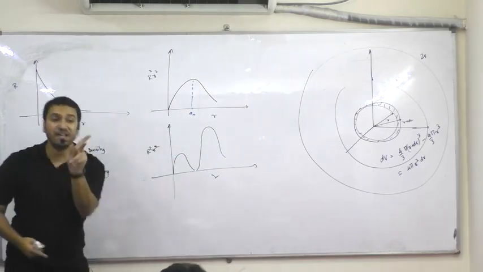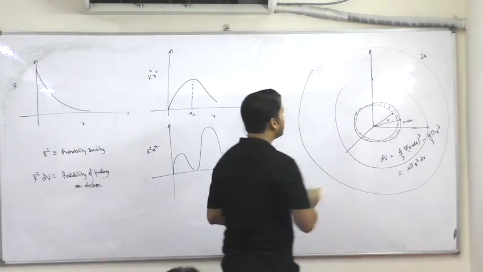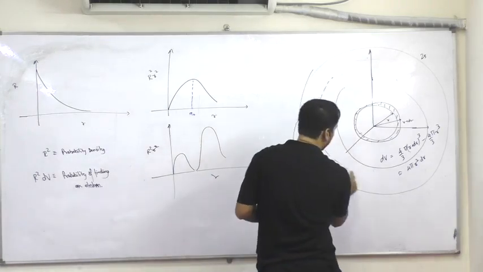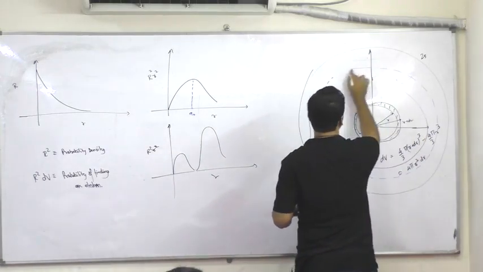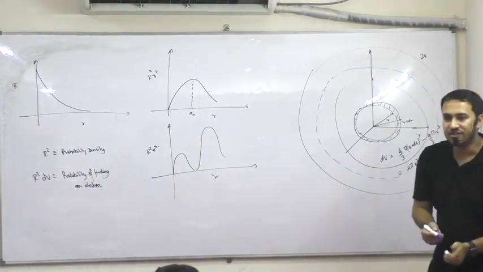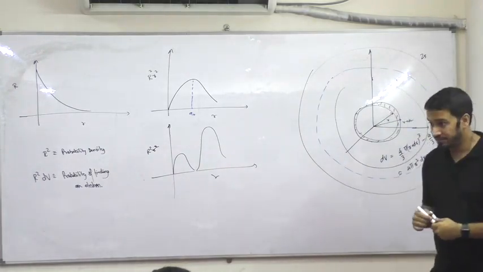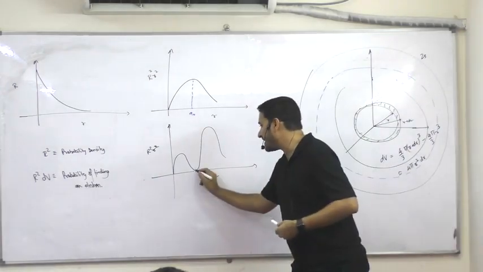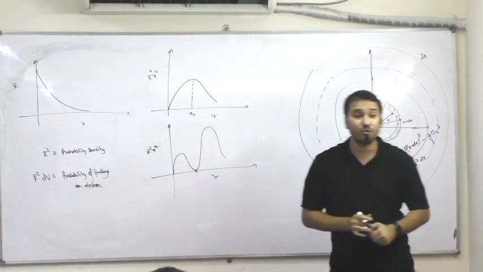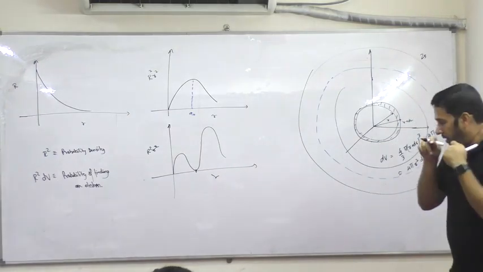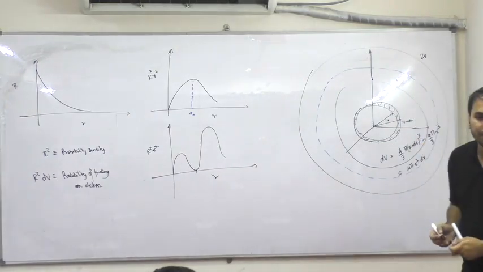Now in between 1s and 2s, there is a region over here, which I'm marking in blue. This region has zero probability of the electron being present. This graph touches this axis, meaning the probability of finding the electron is what? Zero. What are these points called?